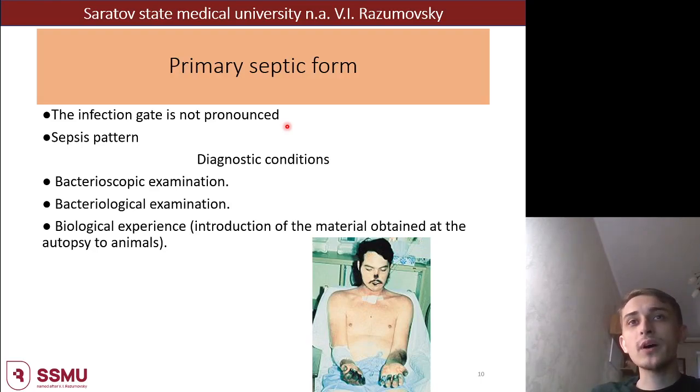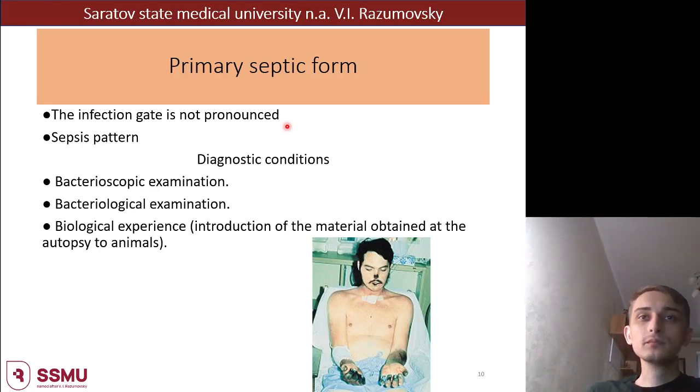And that's why it is really difficult to diagnose plague here, and we really need to do a difficult diagnosis. Diagnosis is based on bacterioscopic examination, bacteriological examination, and biological experiment. So these steps are necessary for fast diagnosis of plague.